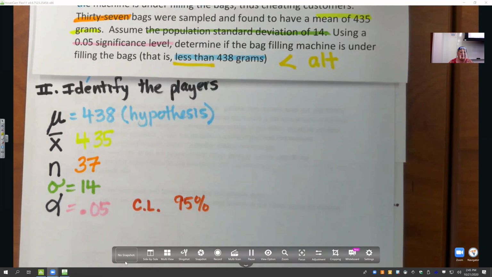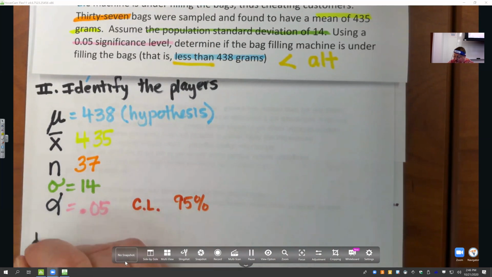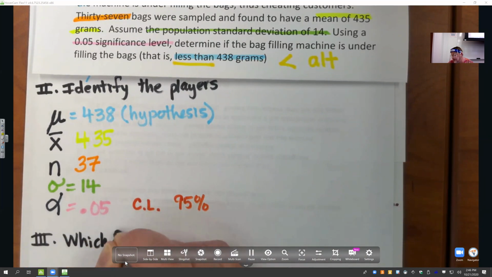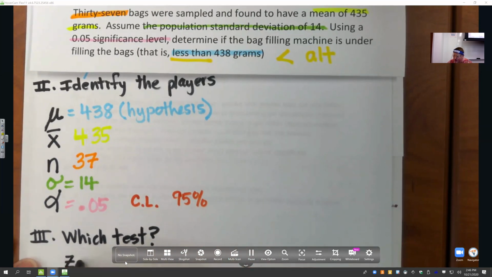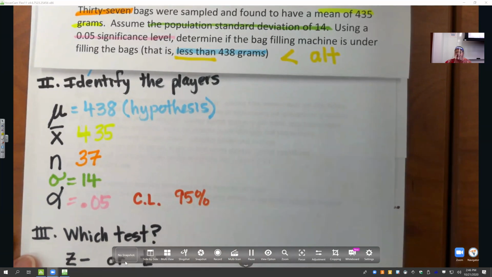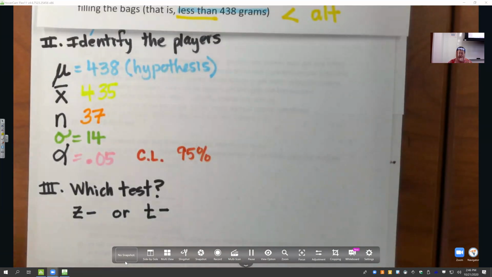Okay? Now, the third step is to decide which test to do. And right now, you're only choosing between either a Z or a T. Okay?